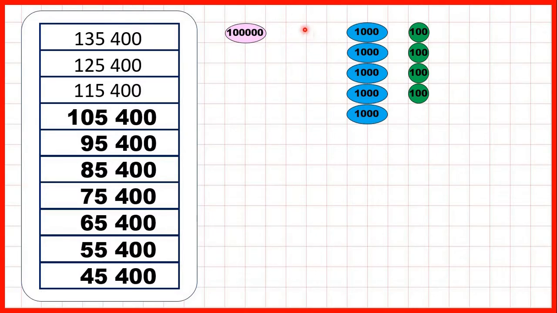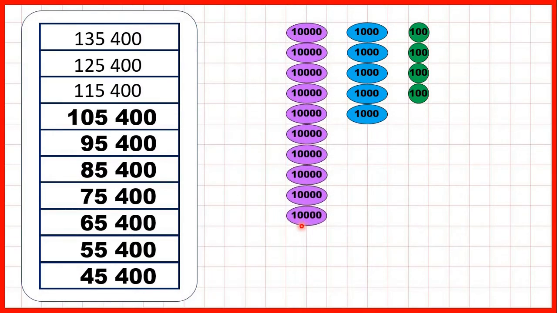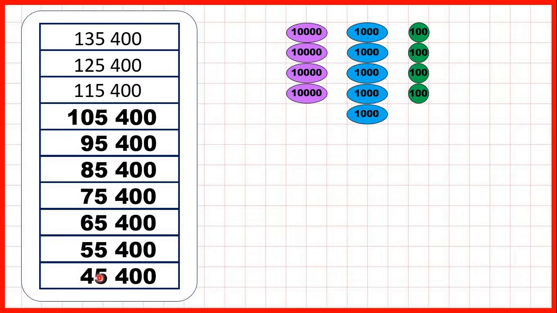But when we do that and we've run out of 10,000 counters, what we need to do is take our 100,000 counter and exchange that for 10 10,000 counters, because 10 10,000s has the same value as 100,000. So now we can keep on counting back in 10,000s until we get to 45,400. So that's 4 10,000s, 5,000s and 400s, because of course our thousands and hundreds and also our tens and ones have stayed the same.